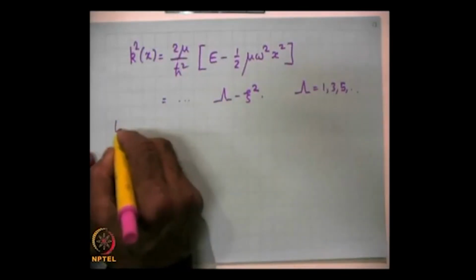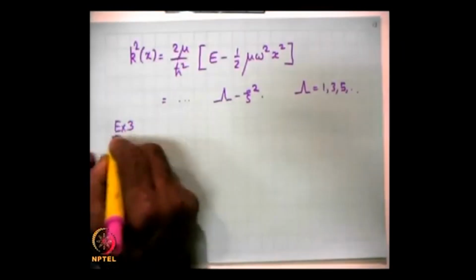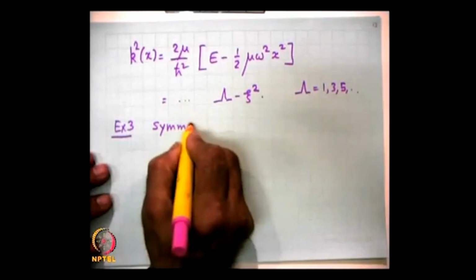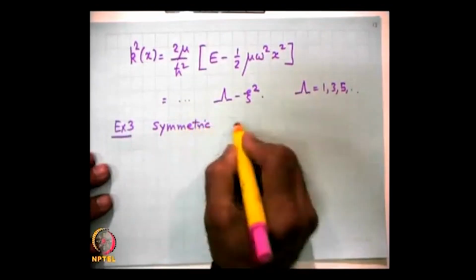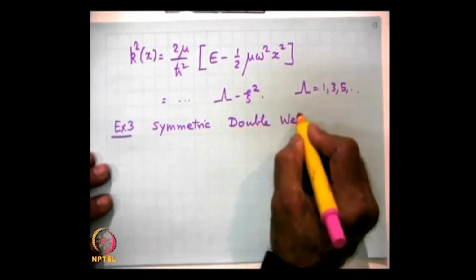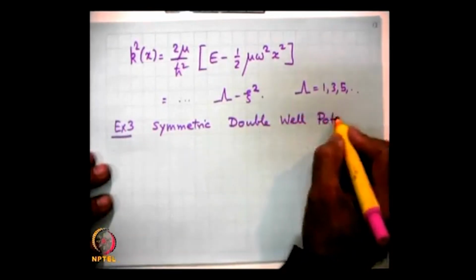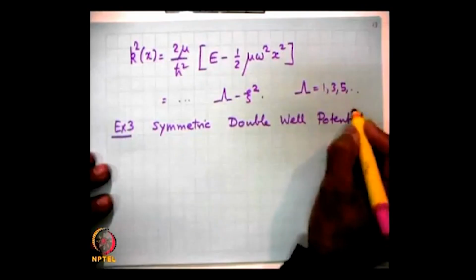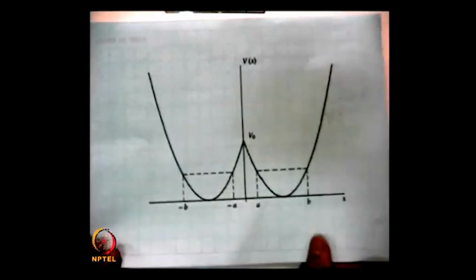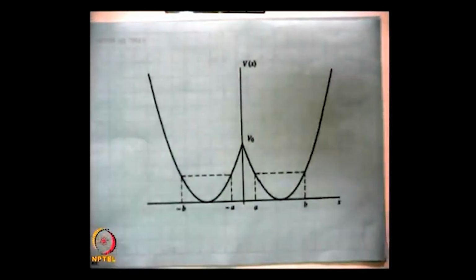Now, I will do one more example, and example 3 is for a symmetric double well potential, in which you have a potential energy variation which looks like this.